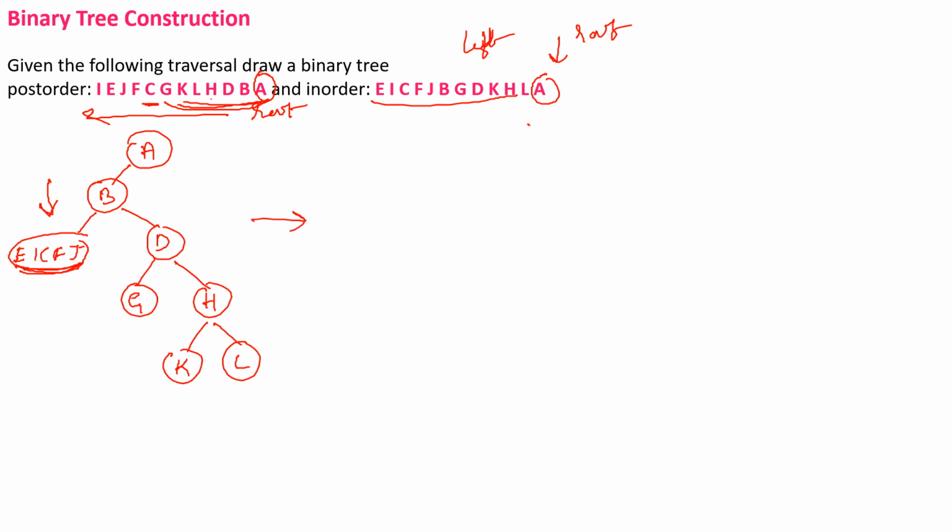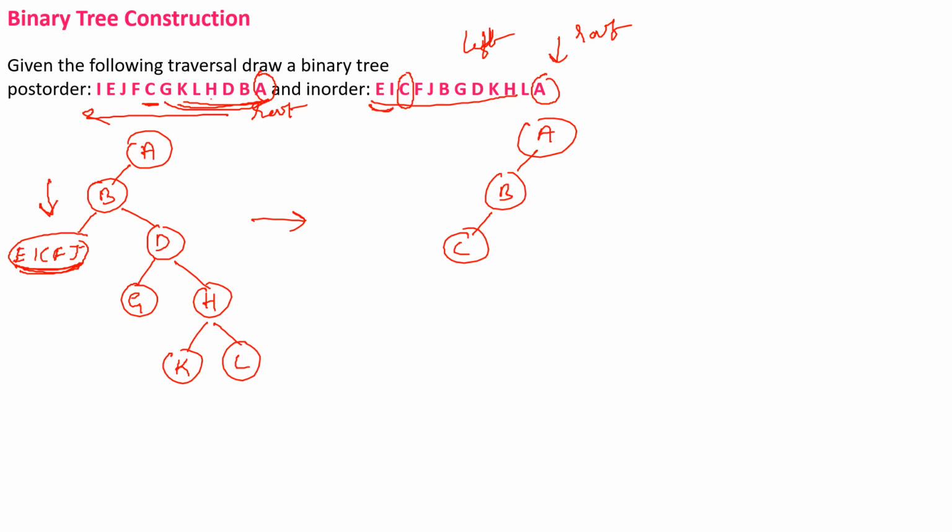So we have to construct the tree. A's left child is B and B's left child is C. So now we have to check whether these remaining nodes go to the left or right of the C. Check the in order traversal.